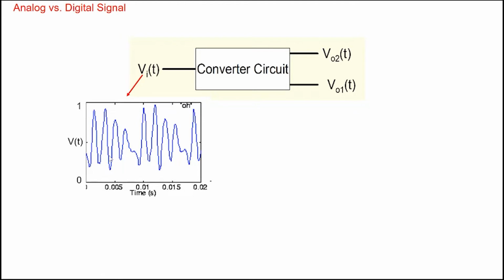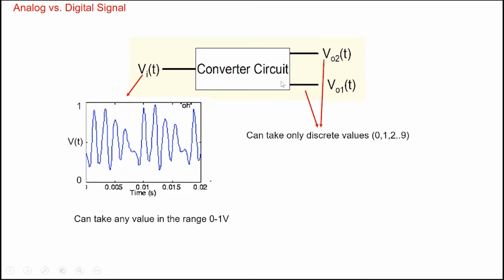And let's convert this analog signal into a 2-digit number. So these 2 digits are the following. For example, let's say the voltage at this particular point is 0.67 volts. So the 2 digits will be, this is the most significant digit, 6, the first decimal place, and this is the second decimal place, 7.